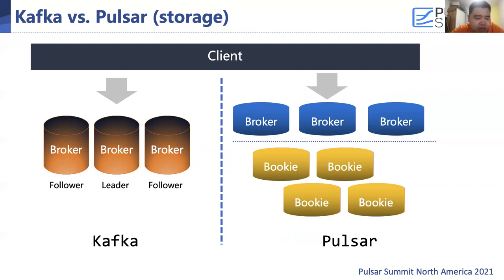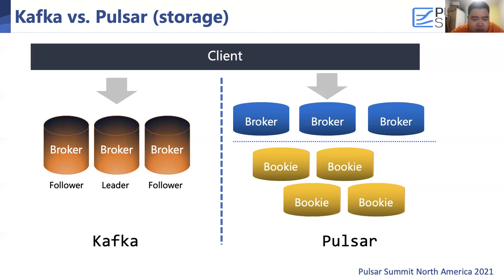Kafka fans will say Kafka is simpler and faster, and this extra storage layer is a trade-off. But the trade-off also brings many benefits. For example, Kafka's brokers have leaders and followers. Followers replicate messages from the leader. However, there is no leader or follower in bookies.